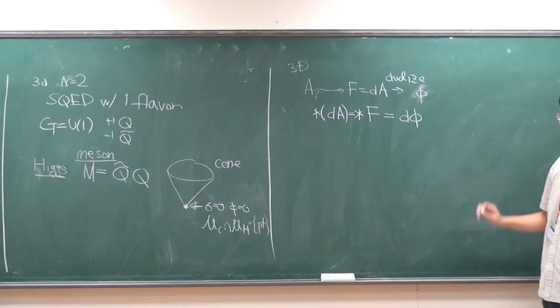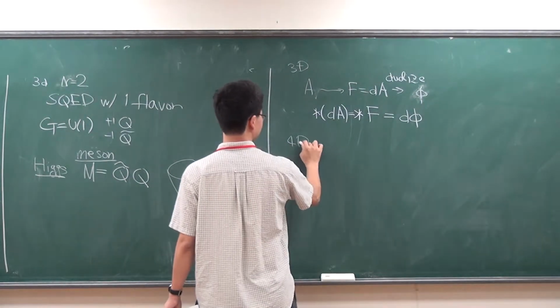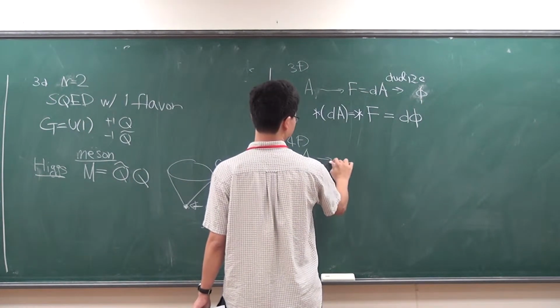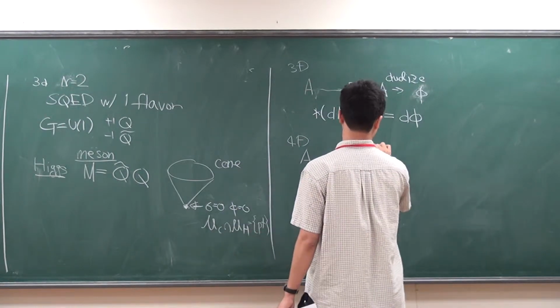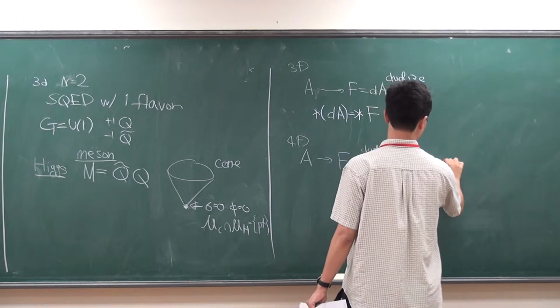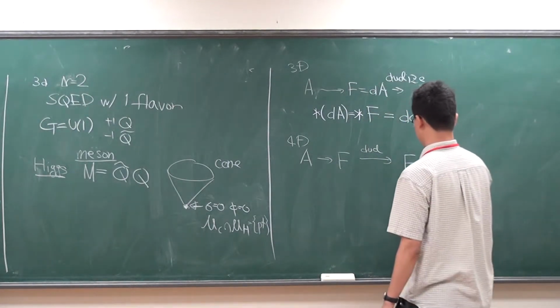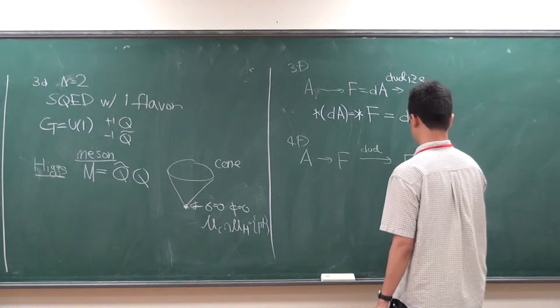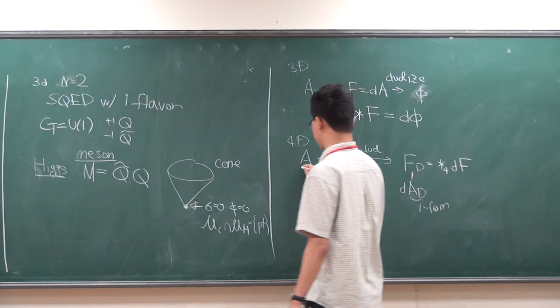In fact, if you go back to 4 dimensions, maybe I should mention 4 dimensions for pedagogy. In 4 dimensions, we have this A, and if you dualize, if you take a Hodge dual, there is something called F_D, the Hodge star in 4 dimensions of dA. And this is the derivative of some field known as A_D, and this is a 1-form.